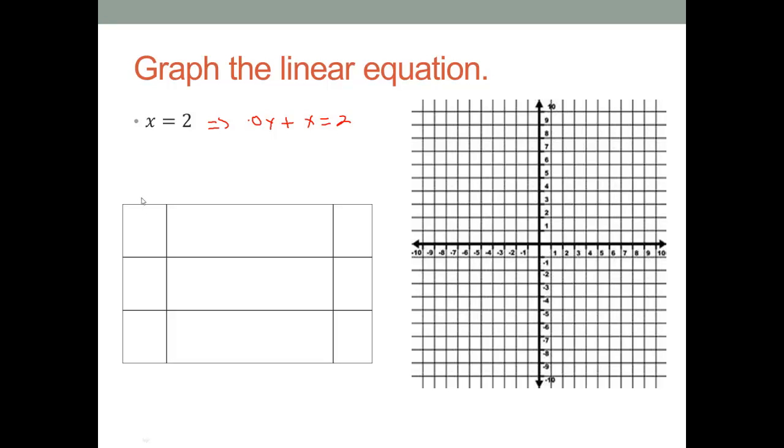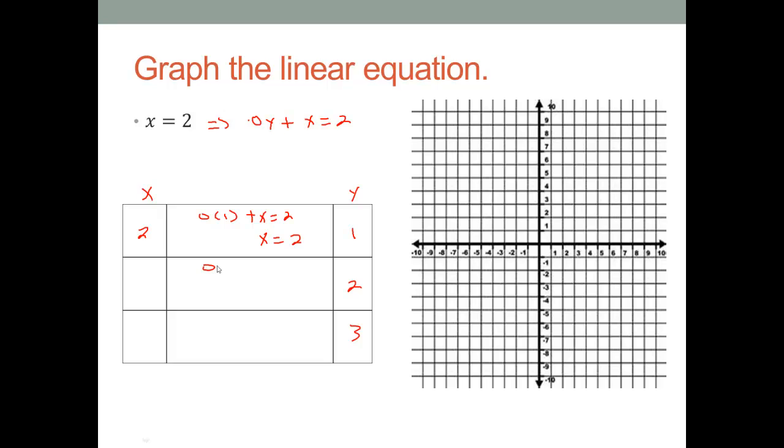Even if we picked numbers for y, let's say we picked 1, 2, and 3. If I plugged 1 in for y, that will be 0 times 1 plus x equals 2. That would just be x equals 2 because 0 times 1 is 0.